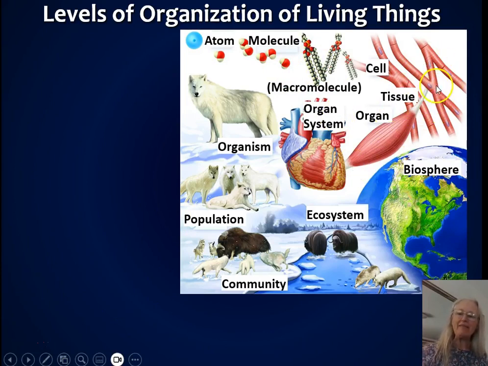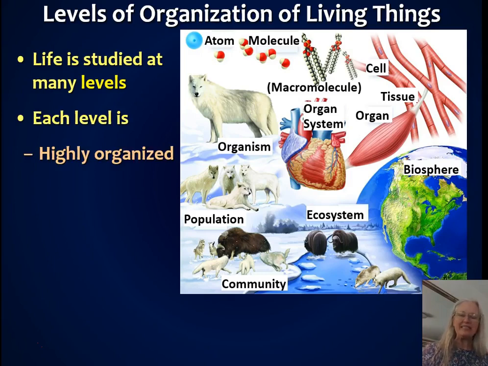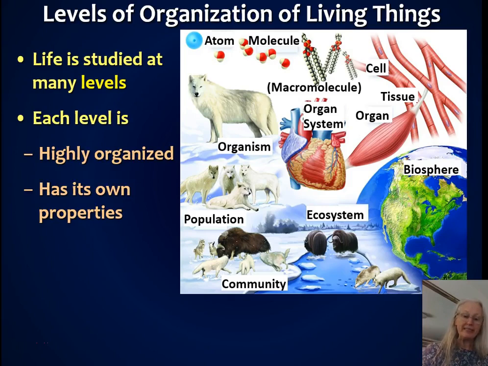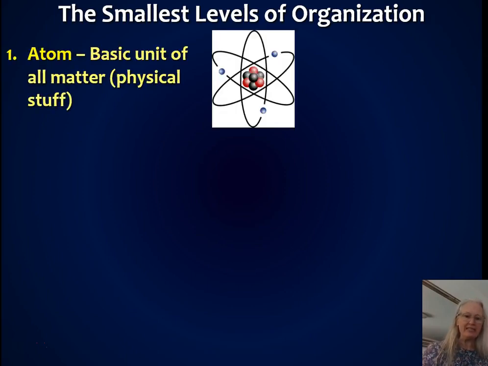And each level has traits and characteristics that shape the next level up, but they are all different. So life is studied at many levels, and each level is highly organized, has its own properties. This is important. And so let's start with the smallest levels of organization.